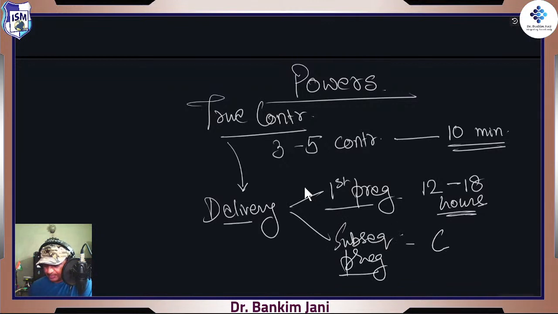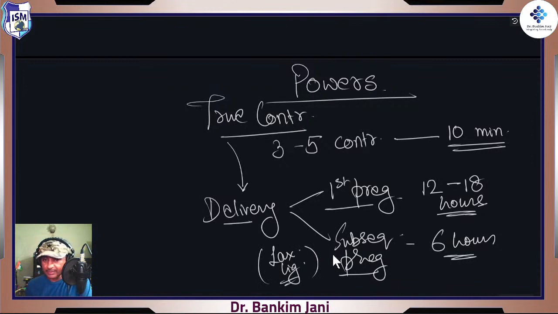It is about 6, 7 hours. So that's the reason, right? Why for the subsequent pregnancies? Because of those lax ligaments. Those ligaments have become loose, so the muscles have become a bit weaker. So it happens like this.